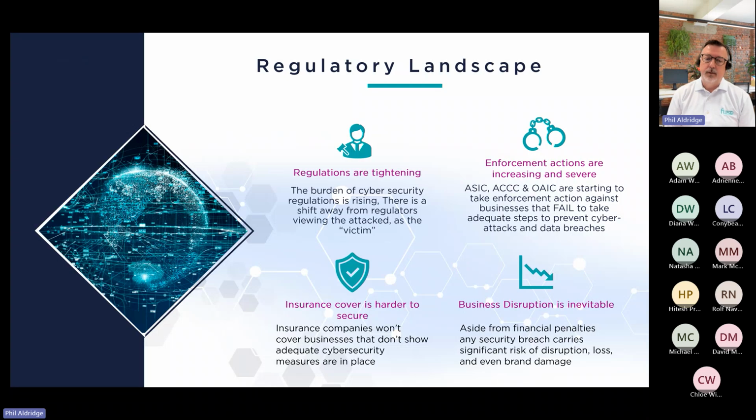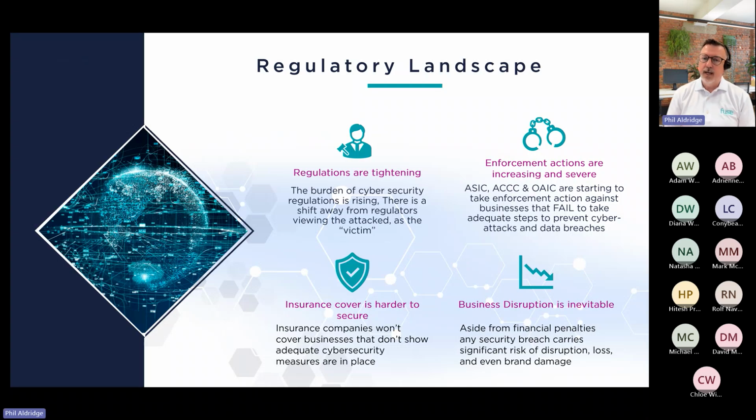But when it does happen, there's a few things that are going to change. If you are the director of a small business and you have personal private information on clients, staff, members of the public, whatever it might be, you're going to have to ensure your business is cyber secure so that you're not going to get fined by the government.